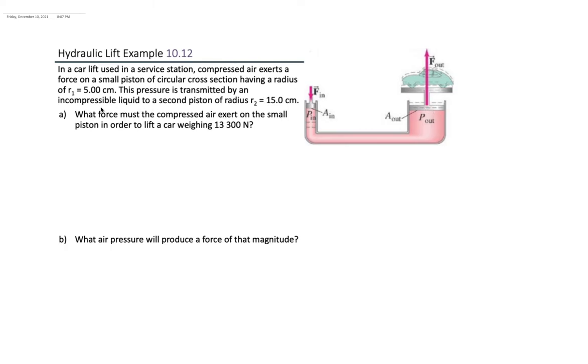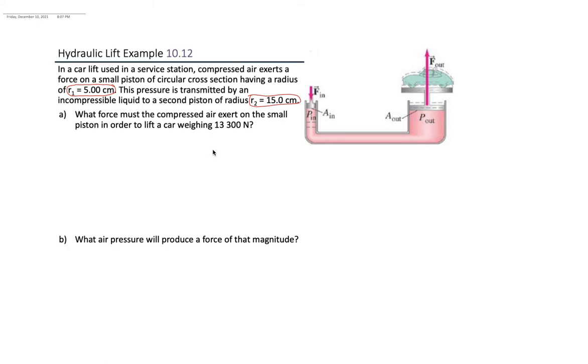We are given that R1 is 5 centimeters, the radius of the smaller side, and R2 is 1.5 centimeters. So indirectly we are given the areas A1 and A2. We are given the radius, but these cross sections are circular, so we know the cross section area.